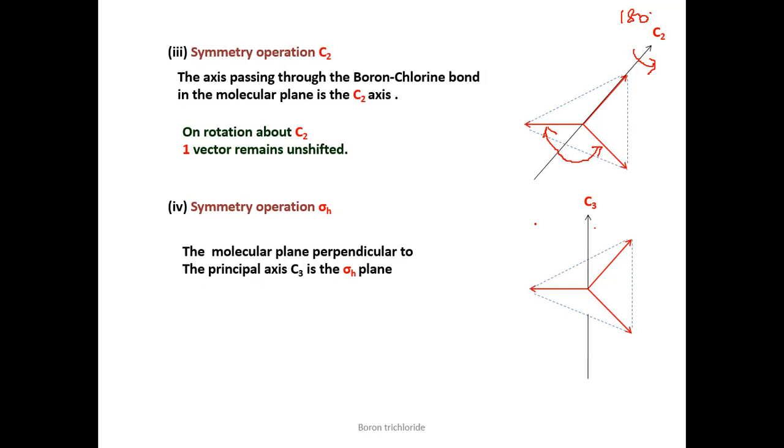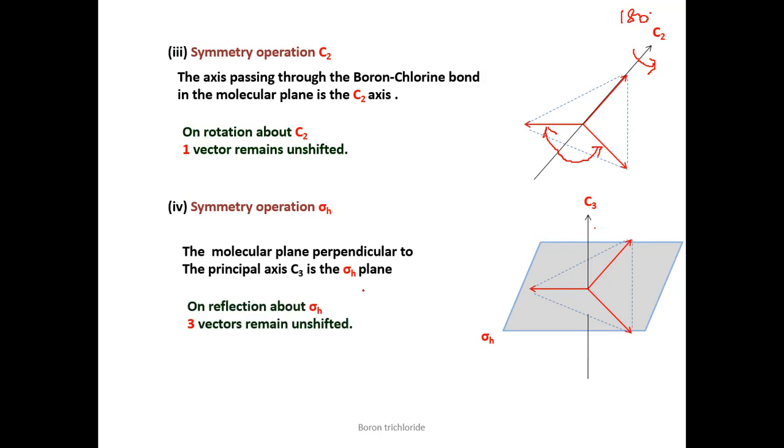So the molecular plane is horizontal plane of symmetry, like this. All the three vectors lie in this plane. During reflection, any vector lying in this plane will be unshifted, and all the three vectors remain in this plane, and so the number of unshifted vectors will be 3.